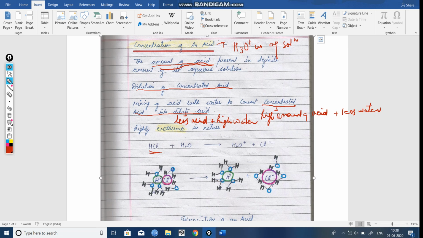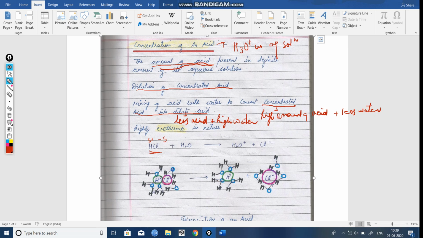Take HCl, for example. Here H has a partial positive charge and chloride has a partial negative charge, due to the difference of electronegativity. As soon as this acid dissolves in water, hydrogen having a partial positive charge attracts the negatively charged oxygen of the water molecule, and chloride having a negative charge attracts the positively charged hydrogen atom.